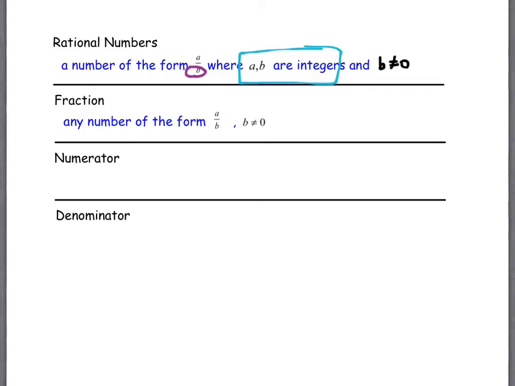So if you had anything in trig or geometry in high school where you wrote down something like pi over 2, right? That's a fraction, absolutely a fraction, but it's not rational because pi is not a rational number. It cannot be written in a closed form. Okay? All right, numerator. What's the numerator in this fraction that I have set up here? A. And denominator? B. Perfect.